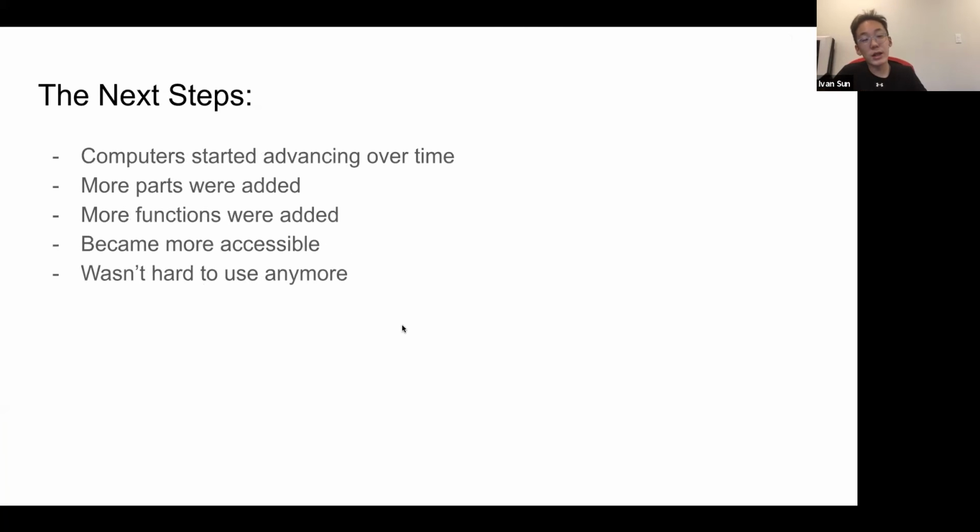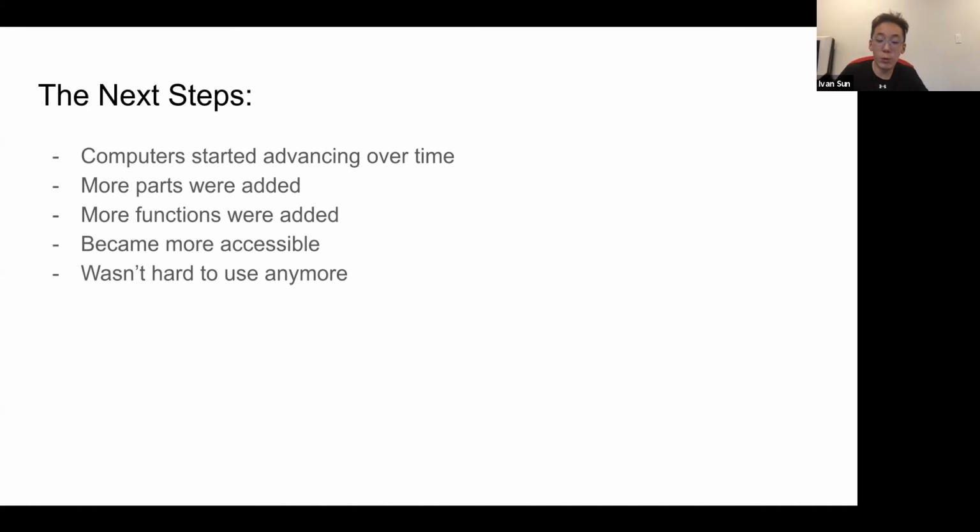The next steps, computers started advancing over time. More parts were added, more functions. They were able to access better, larger applications. They were able to have more powerful processors that could conduct larger jobs, and they became more accessible.